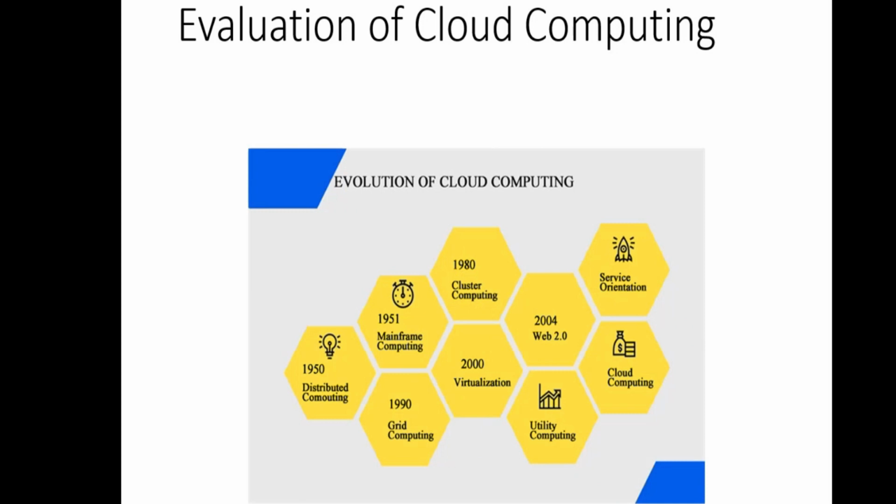Now, to understand cloud computing well, we should have a good understanding of the evolution of cloud computing. If you see this diagram, distributed computing came in the 1950s, then grid computing in the 1990s, then Web 2.0 in 2004, then virtualization.